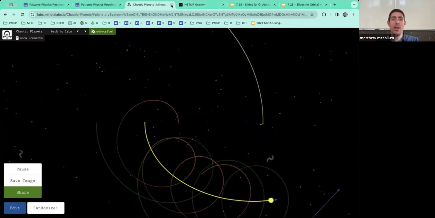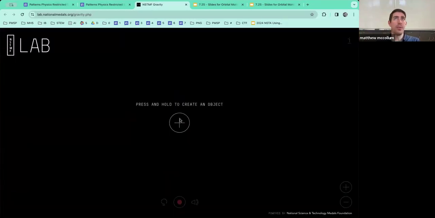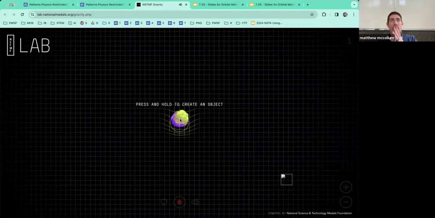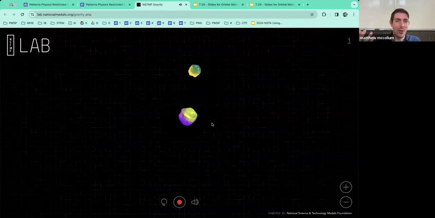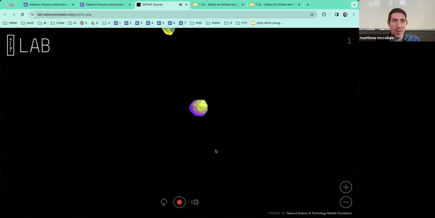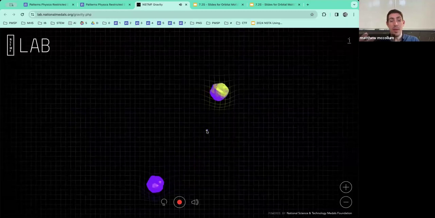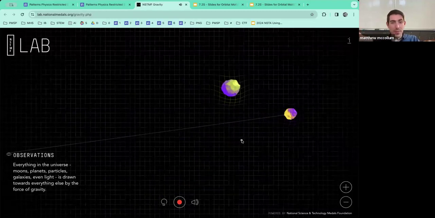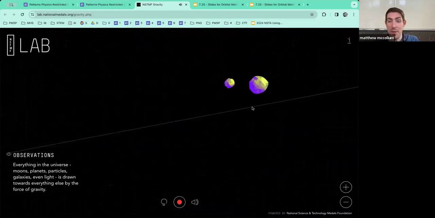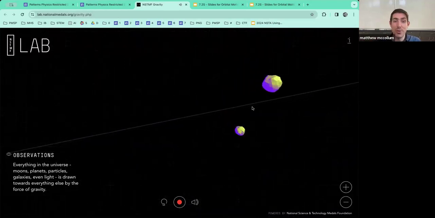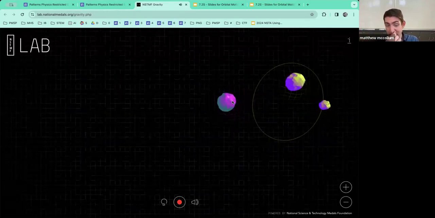The next one is a little bit harder for them to do, and it's essentially making a small universe. It really gets to the connection we had at the beginning with the demo of the fabric that was bending. This one does the best job I've seen of a simulation that shows that bending of space-time as you make a mass.